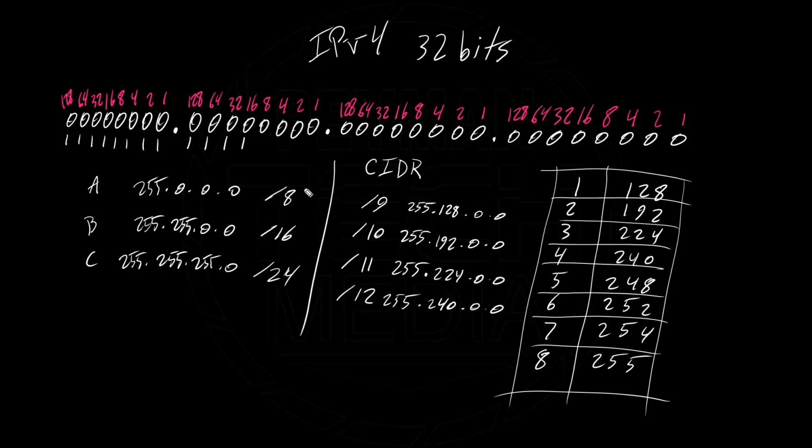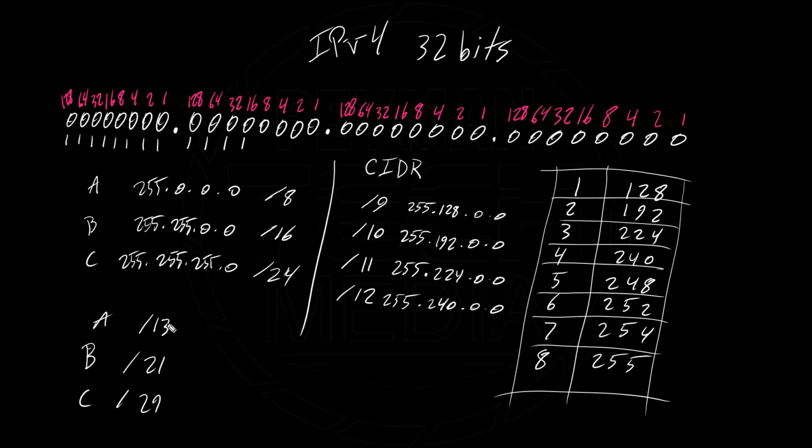So forward slash 13 if this is class A. B, 16 plus 5, so that's 21, right? So if this is B, 21. And then C, 24 plus 5, so 29. So C, 29.